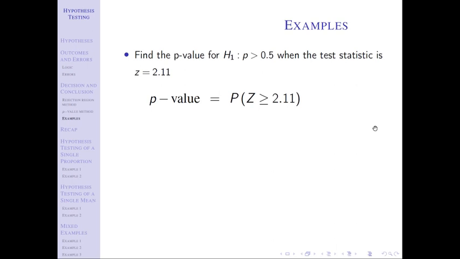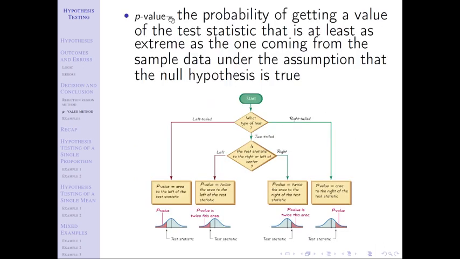Something to take note of. Our alternative never has an equal to in it, but my p-value probability statement does. It's kind of weird. Why is that? Because if I roll back up here, the definition of a p-value is at least as extreme.